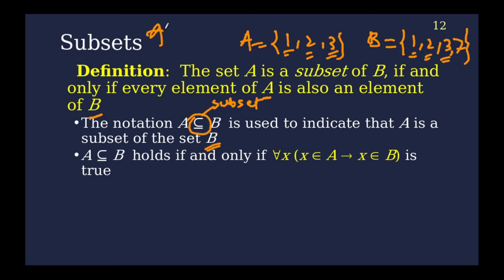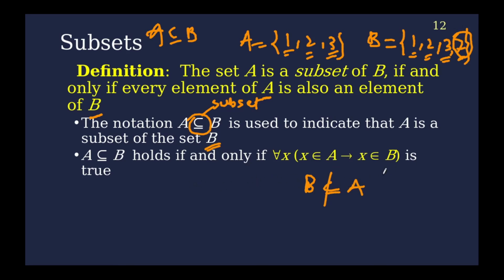That means A is a subset of B. Now, can we say that B is a subset of A? Let us check. The first element of B, 1, is also part of A. 2 is part of A. 3 is part of A. But 7 is not part of A. So B is not a subset of A.